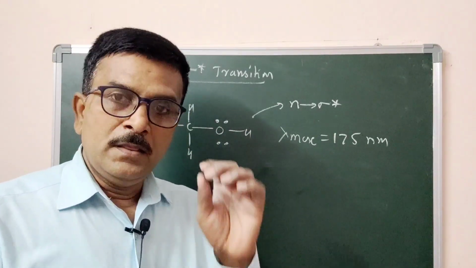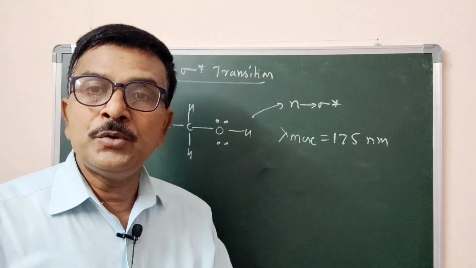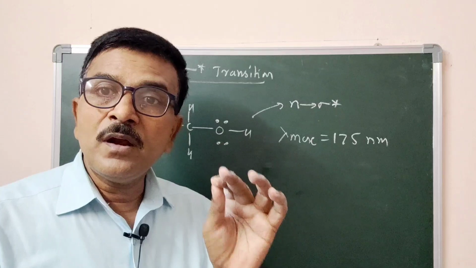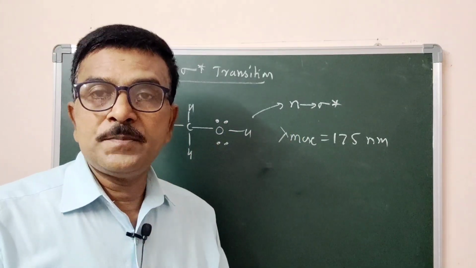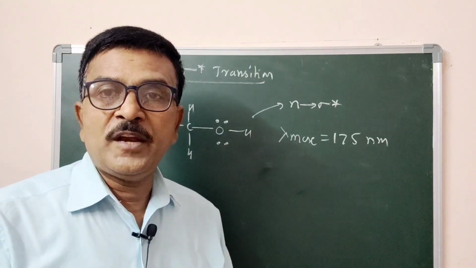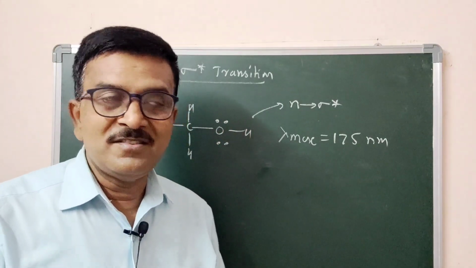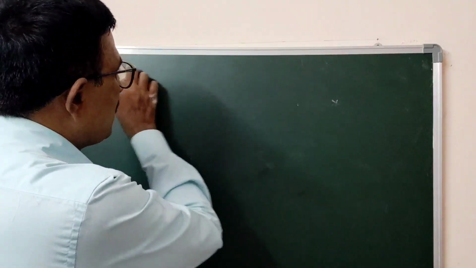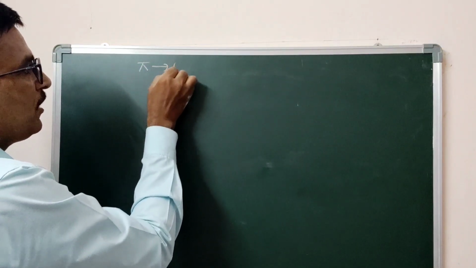Hence, the absorption bands corresponding to n to sigma star transition are also absent in the spectrum, not observed in the spectrum. Is it clear? Now coming to the third type of transition, that is pi to pi star transition.